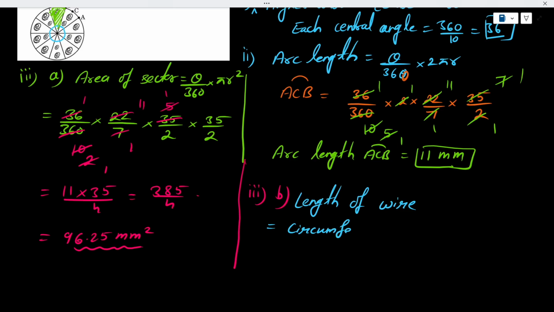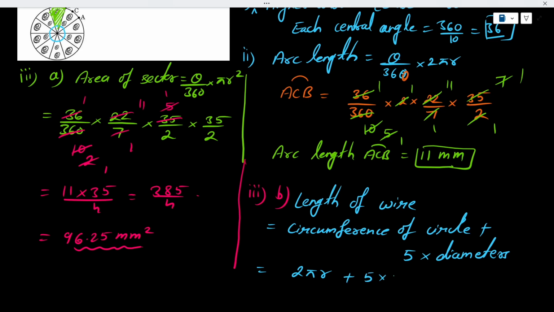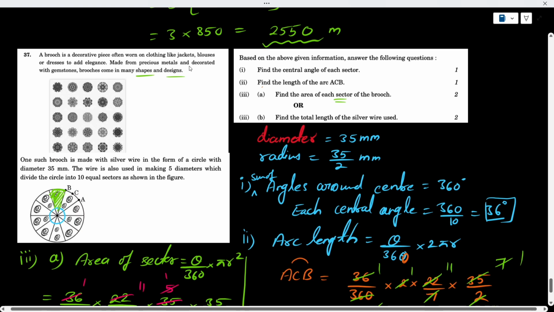the circumference of the circle. First, you have to understand what length you are considering. Circumference of circle plus 5 diameters, or you can take 10 radius. So what is the circumference of the circle? 2 pi r plus 5 into 35, because diameter is 35, given, right?